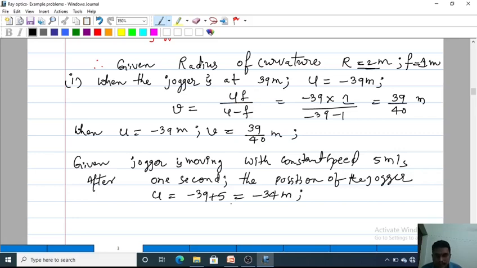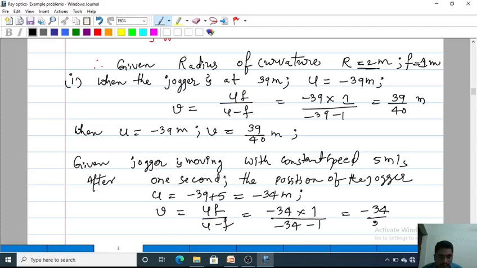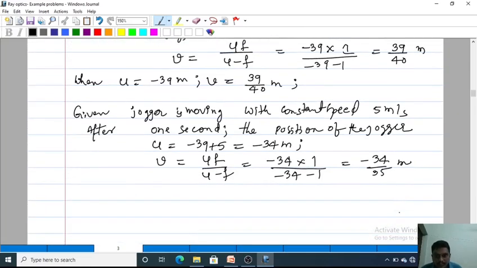Now when the jogger after 1 second is at 34 meters, what would be the image distance? Once again we use the same formula, v is equal to u times f divided by (u minus f). Here u is minus 34 into 1, divided by minus 34 minus 1, so we get minus 34 by minus 35 meters. This is the new position of the jogger.